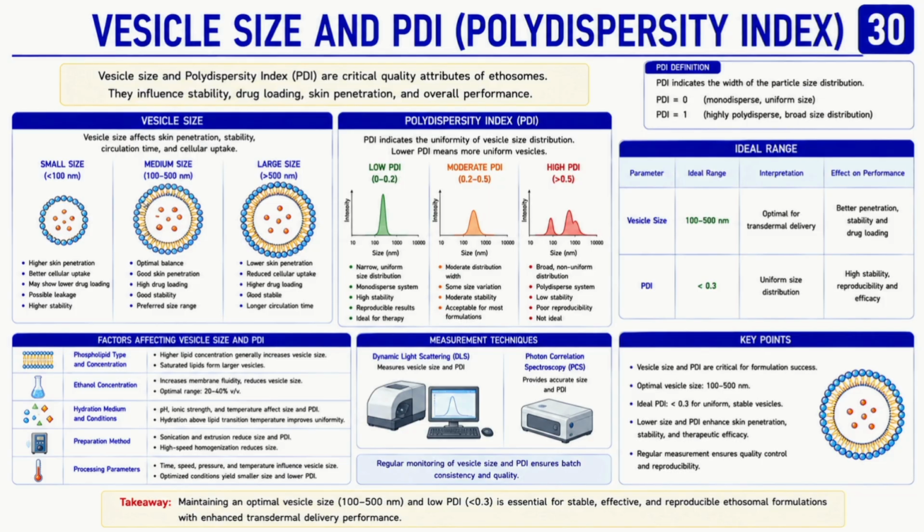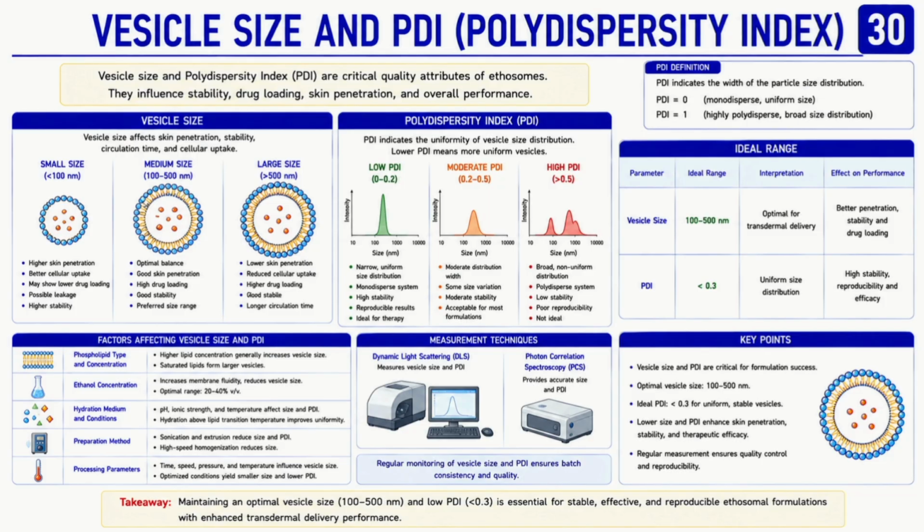We should also examine the polydispersity index, which provides information regarding the size distribution. A lower PDI generally indicates a more uniform population, although the acceptable value depends on the intended application and the measurement conditions.